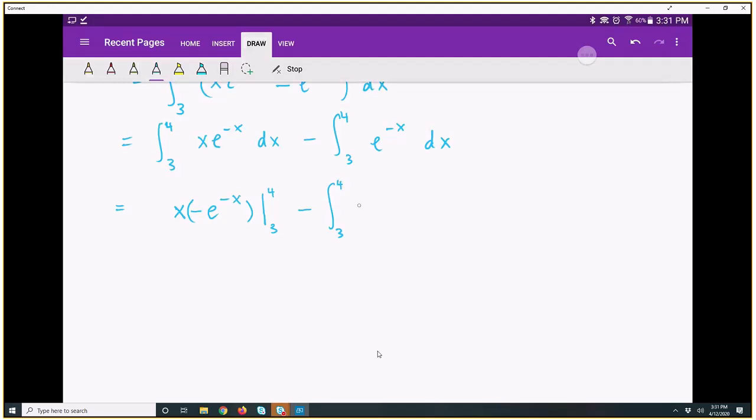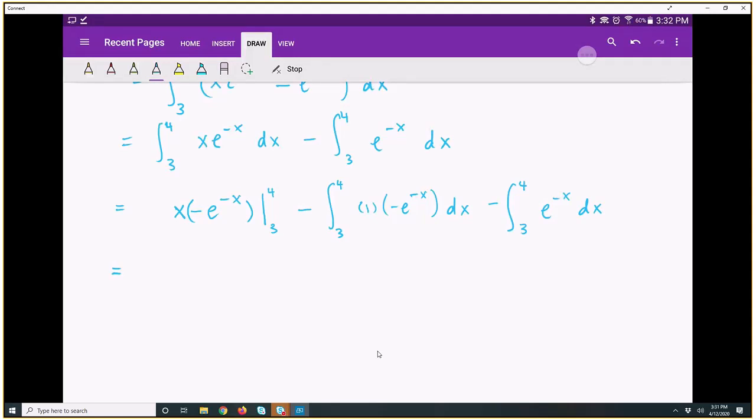Now taking the derivative of x, I have 1. And again, the antiderivative of e to the minus x is minus e to the minus x dx. And then I still have this other integration hanging out here, minus the integration from 3 to 4 of e to the minus x dx. Okay?